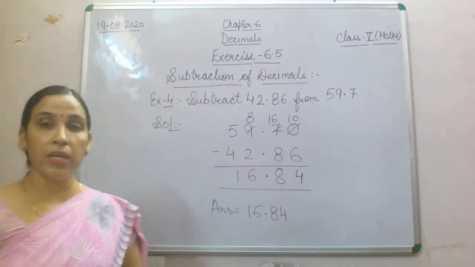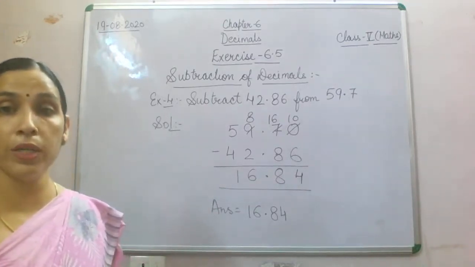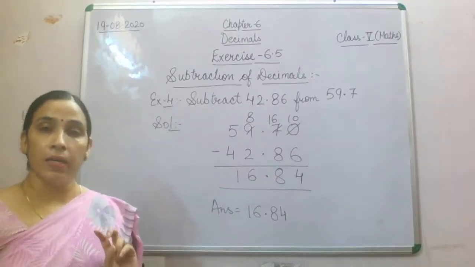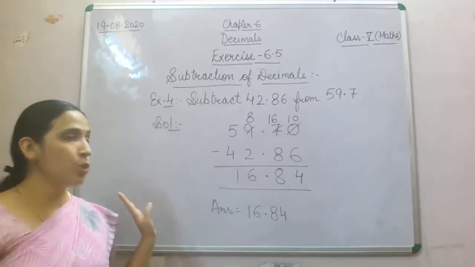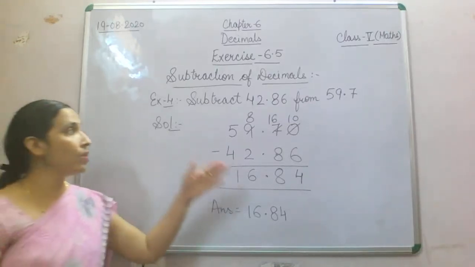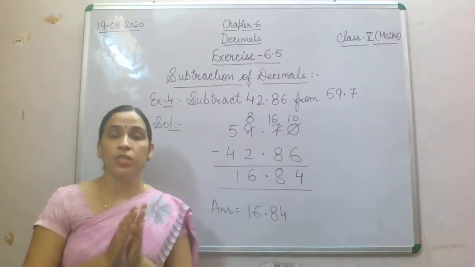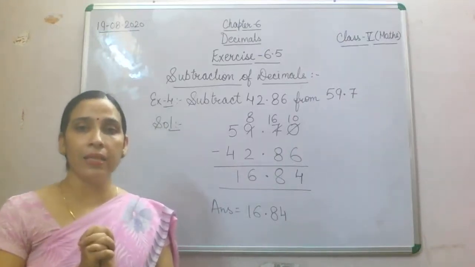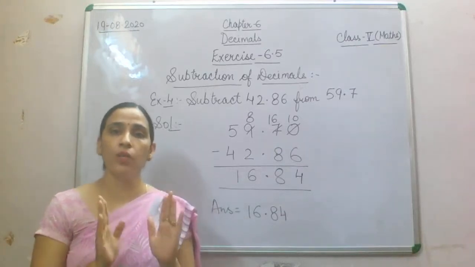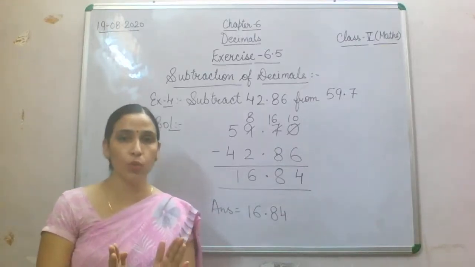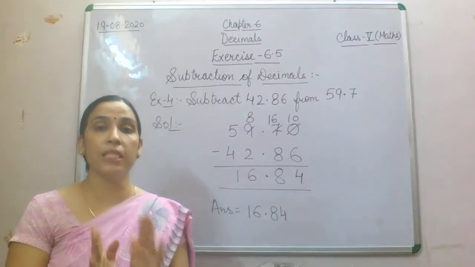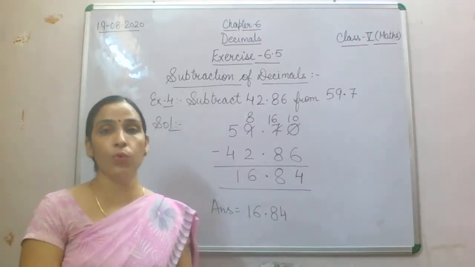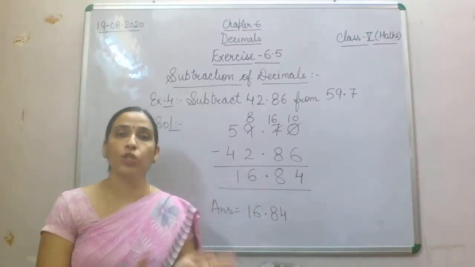So what we have done in this example: you have been given two decimal numbers. The first one is 42.86 and the other one is 59.7. See children, you can remember this in this way: whatever two decimal numbers are given to you, you are supposed to change them into like decimals, and then you will do the addition or subtraction.